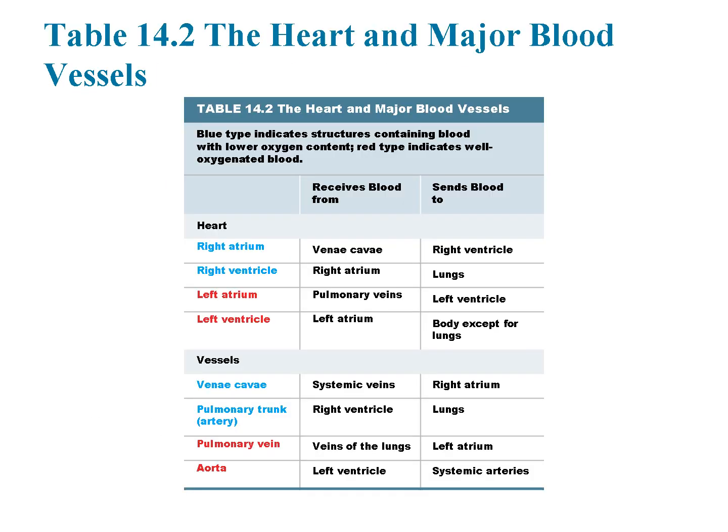This table provides a summary of the heart's chambers and major blood vessels, highlighting the pathways through which blood circulates. The blue text indicates structures carrying deoxygenated blood, while the red text represents structures carrying oxygenated blood. In the heart, the right atrium receives deoxygenated blood from the vena cava and sends it to the right ventricle.